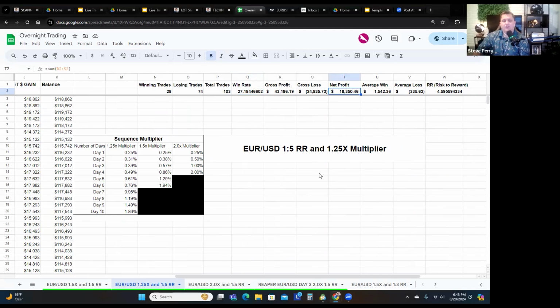So your net profit, instead of being $38,000, is $18,000 over 3.5 months. So you make an 18% return instead of a 38% return. But you're not likely to hit bust hardly at all. I mean, it could happen, but I don't foresee it even happening in a 3 month period or a 6 month period.